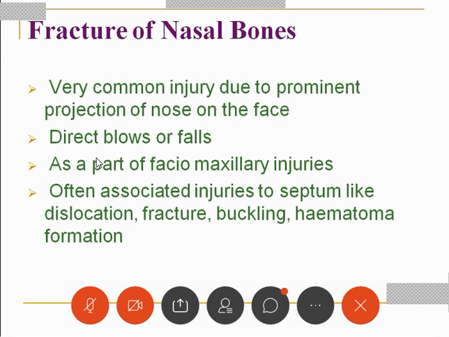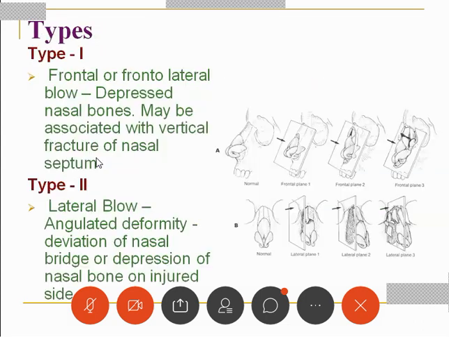As part of facial-maxillary injuries, it is often associated with injuries to the septum like dislocation, fracture, buckling, and hematoma formation. Types: type 1 and type 2.